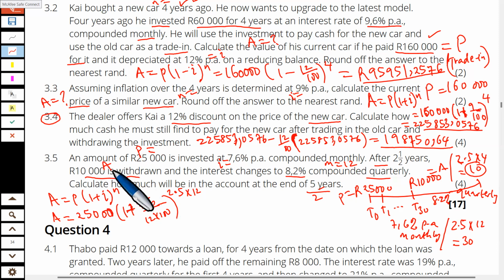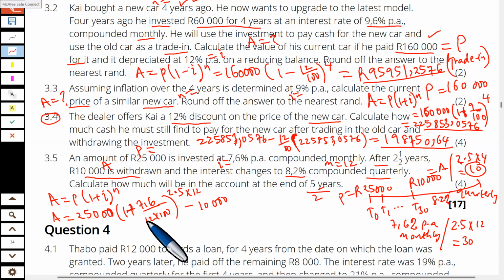An amount of 25,000 is invested at 7.6% compounded monthly. So you divide by 12 and multiply by 12. After 2.5 years, 10,000 is withdrawn. If the 10,000 is withdrawn, it means that the 10,000 is subtracted.